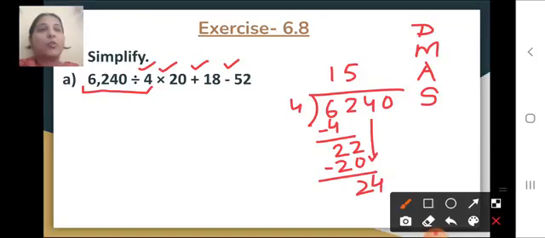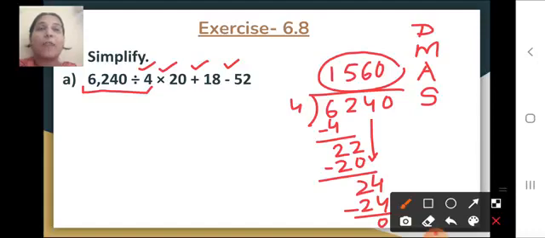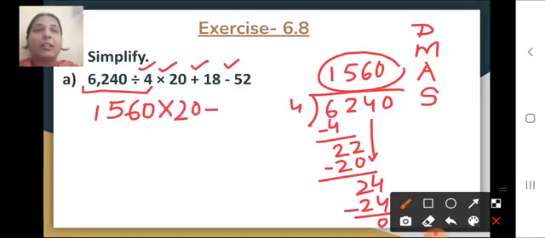So 4 6s are 24. And this 0 as it is. So after dividing, we will get the quotient as 1560 and there is no remainder. So after dividing it will be 1560. Then we will write the next operations as they are, multiplied by 20 plus 18 minus 52.